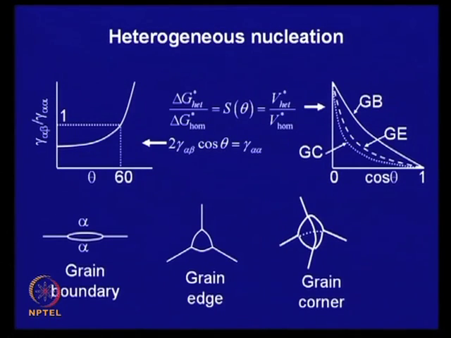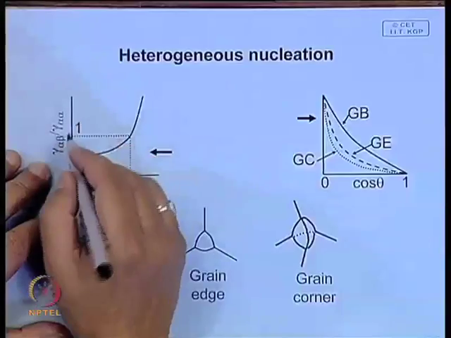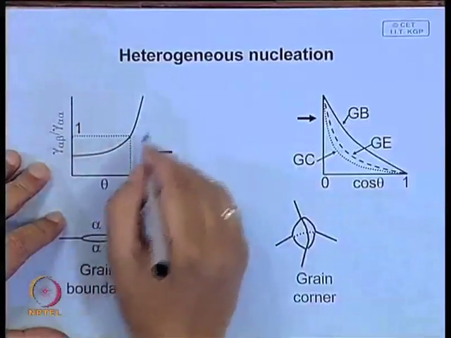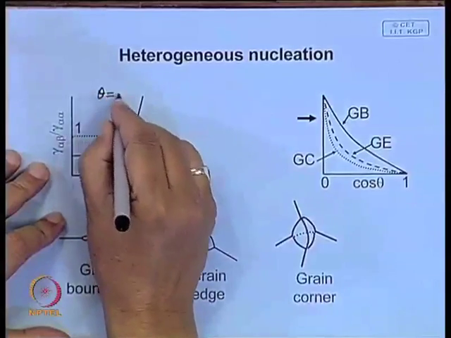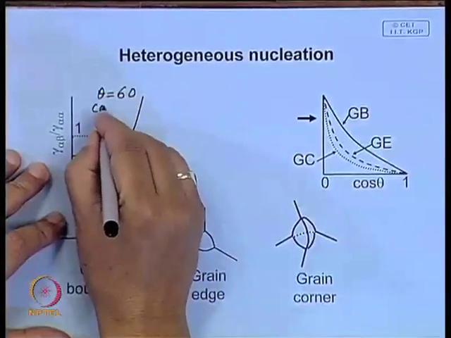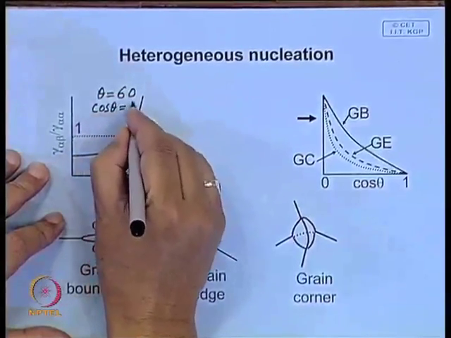And a quick look at the magnitude of the surface energy, or the nature of the surface energy, which is demonstrated in this slide here. If you just make a plot of gamma alpha beta against gamma alpha alpha, when theta is equal to 60 degrees, cos theta is half.